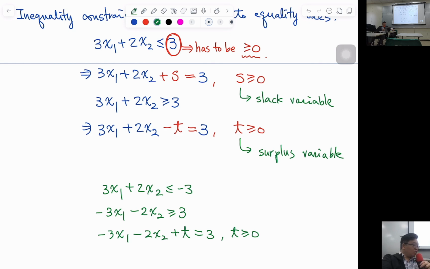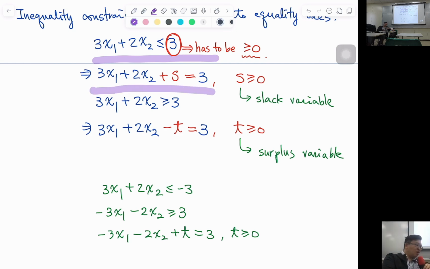Now, if you look at this equation, okay, and look at this one. Now take a look at the slack variable. The slack variable has to be positive or 0. So in the case of 0, this equation equals 3, right?